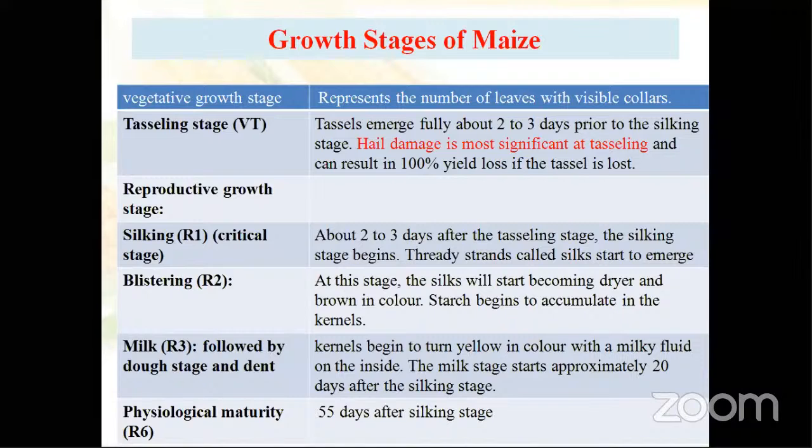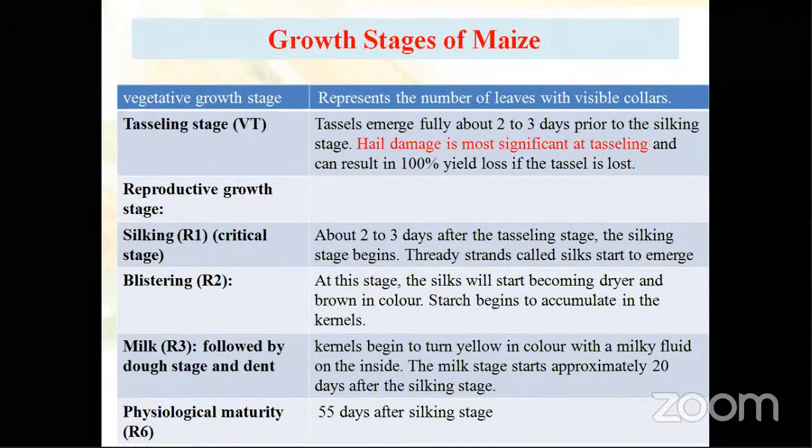If you do not provide sufficient moisture or nutrients in these two stages, then your crop yield is going to reduce very drastically. Which stage is the most critical for moisture or nutrients in the case of maize? Tasseling and silking stages are critical stages for moisture stress and nutrient stress.